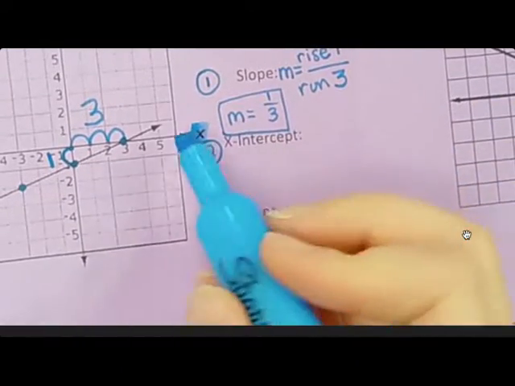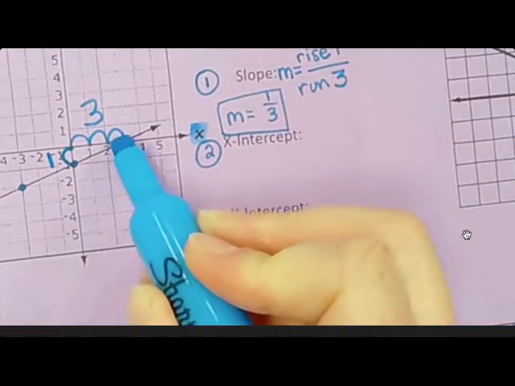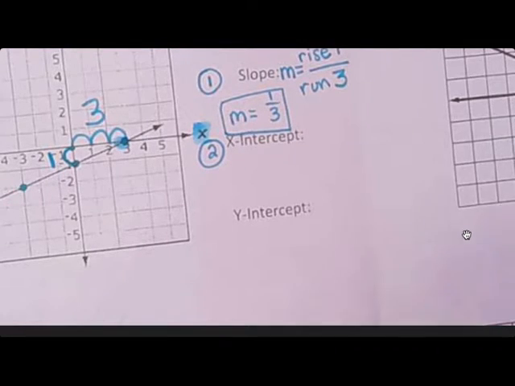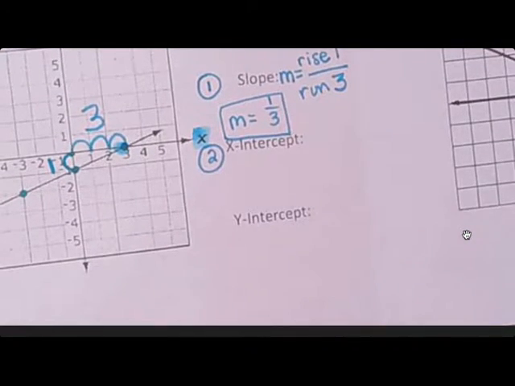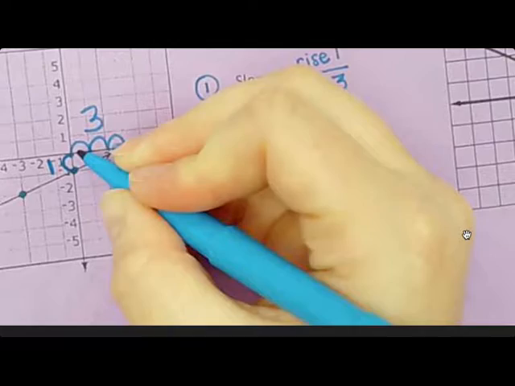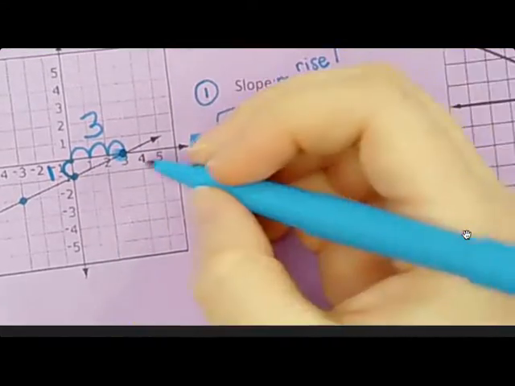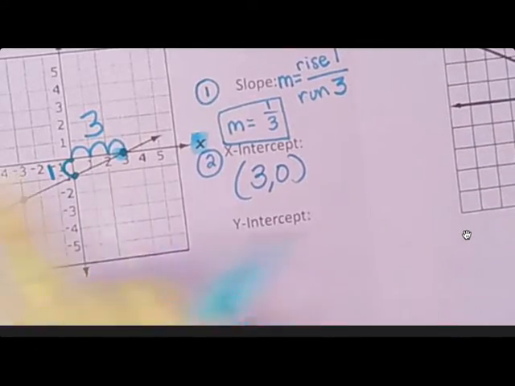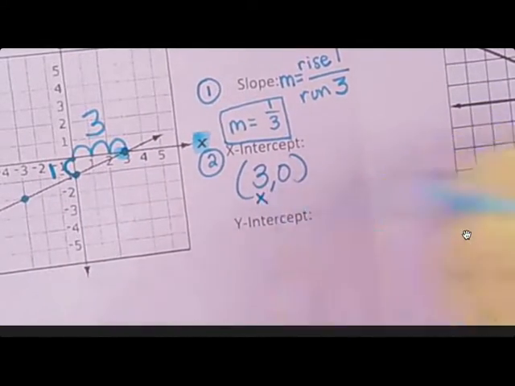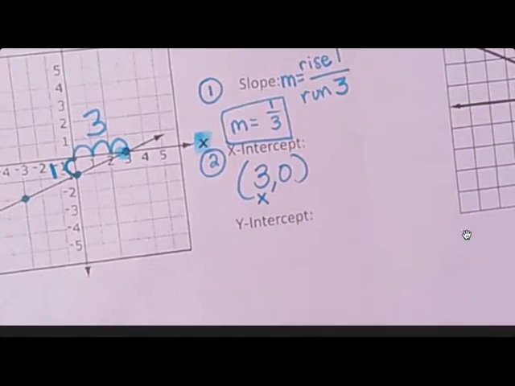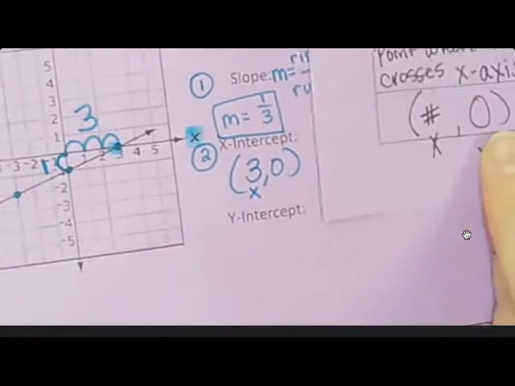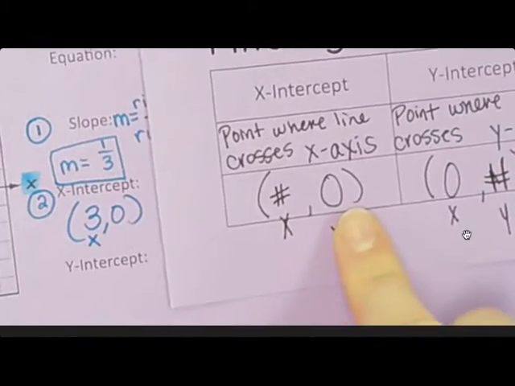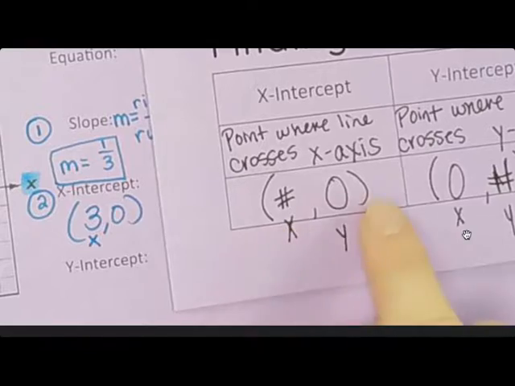Where does it cross that x-axis? At 3. And we have to write it as a point. What point? (3, 0). Because you go left and right first with your x. X is 3. Y is 0. So if you're not sure how to write it, look back at this page. A number for x, 0 for y.